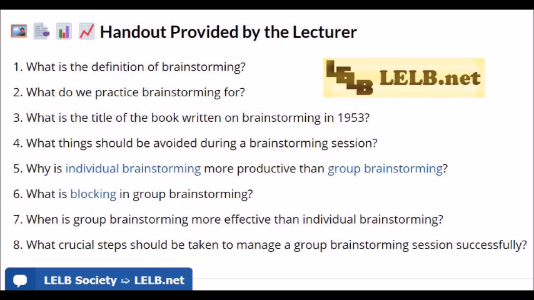Individual brainstorming is most effective when you need to solve a simple problem, generate a list of ideas or focus on a broad issue. But group brainstorming is often more effective for solving complex problems.